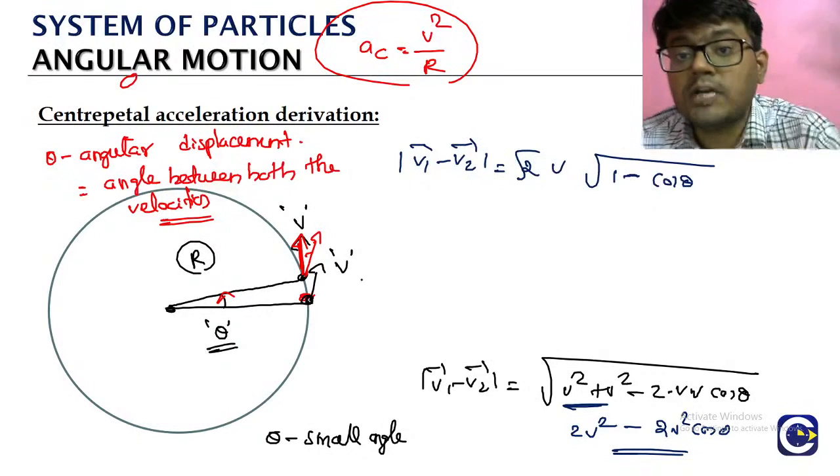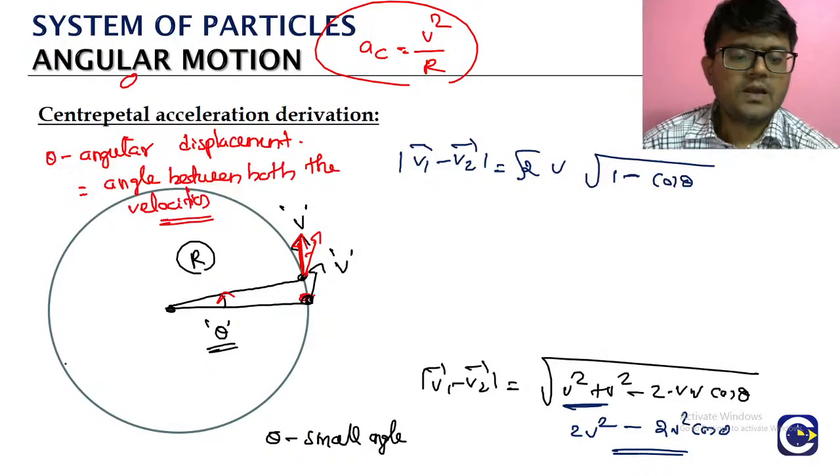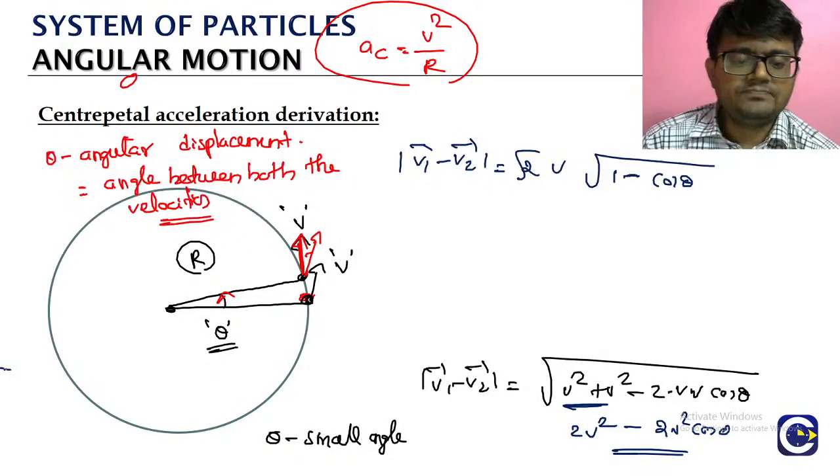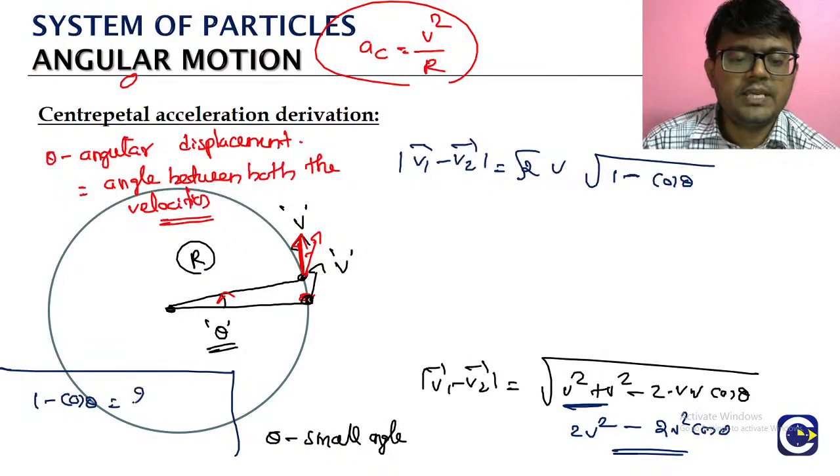Here we will use one more trigonometric identity. 1 minus cos theta, this comes in basic mathematics. 1 minus cos theta will be 2 sin square theta by 2.